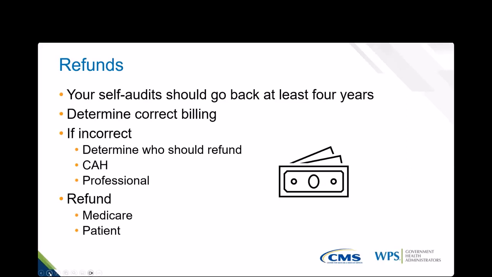Well, that's all going to be based on, did that professional reassign benefits to the CAH? If that professional reassigned benefits and the professional was paid for that service, then that professional is going to have to refund. If the CAH billed for something where benefits were not reassigned, then the CAH should be making that refund back to Medicare.